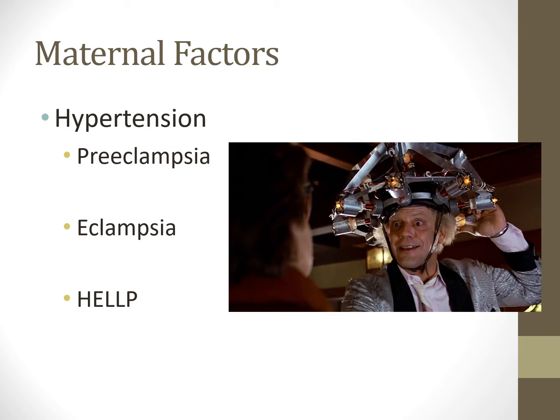So if mom's blood pressure is too high, if her urine protein levels are high, if she has a lot of clonus, if her neurological status is changing, that means that baby, no matter where they're at, as far as their 23 to 38 weeks or whatever, as long as they're past that 23-week part, that baby might have to be delivered if mom cannot be stable.